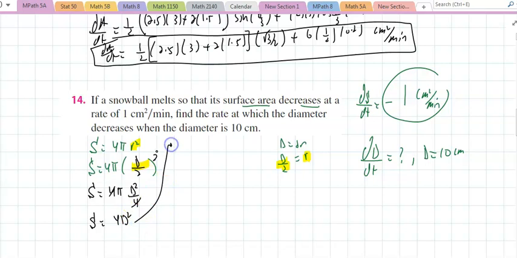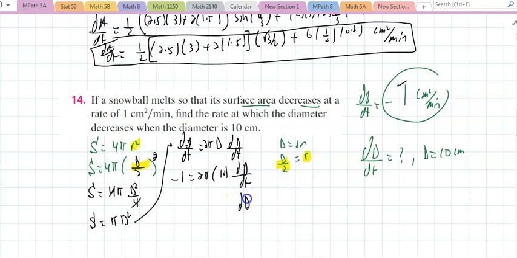And if I take a derivative of that, the change of S with respect to time will be 2 pi times the diameter times the change of the diameter with respect to time. So this is a -1, we know that. 2 pi times 10, the change of the diameter with respect to t.